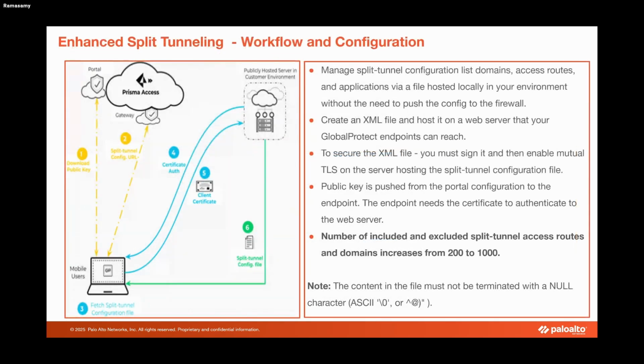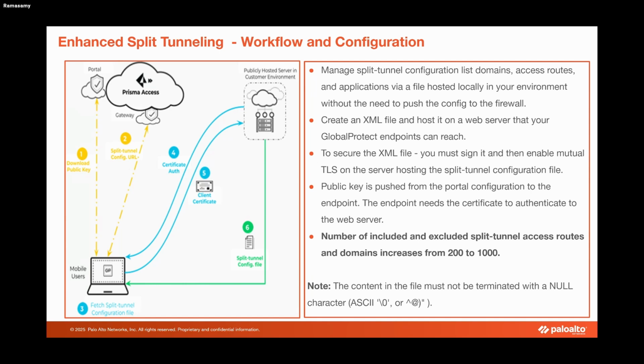Enhanced split tunneling. For better understanding, think of an EDL where the external list is hosted by Palo Alto instead of configuring the destination IP addresses and subnets URL directly on the security policy. In the same way, for split tunnel, the config will be hosted locally in your environment.